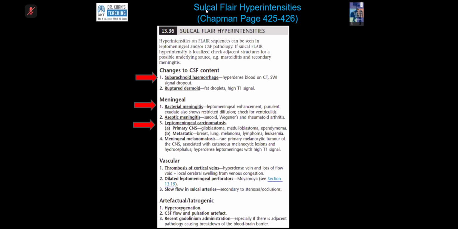There is a differential diagnosis in Chapman, sulcal FLAIR hyperintensities. Develop your eyes on this. Subarachnoid hemorrhage, and because please remember leptomeningeal enhancement can also happen in other conditions like meningitis and leptomeningeal carcinomatosis, etc.